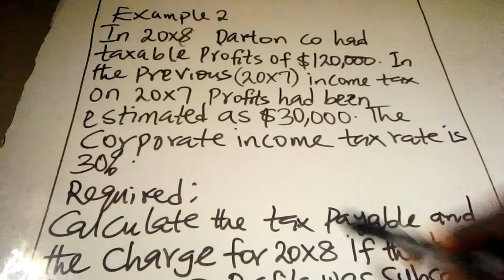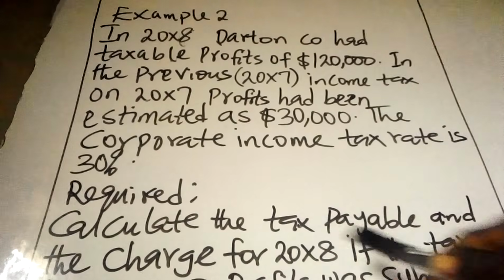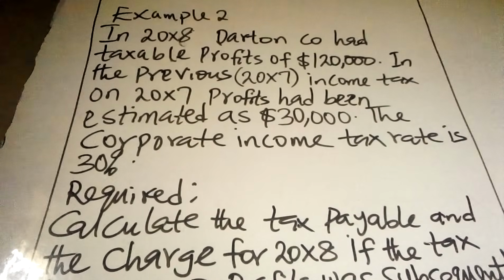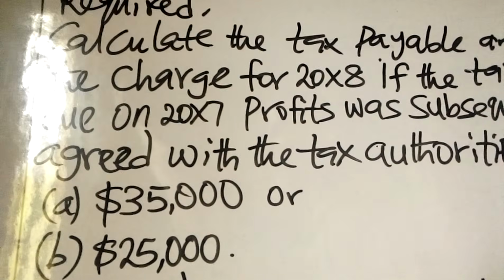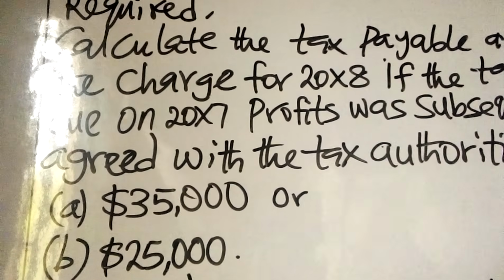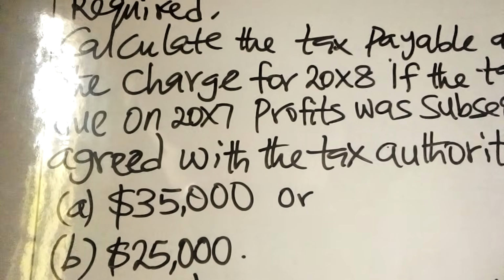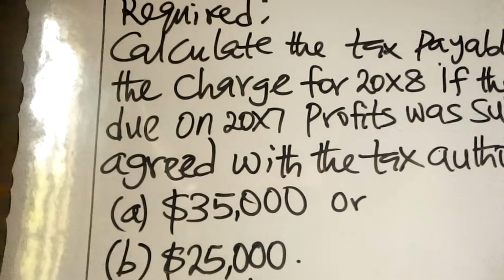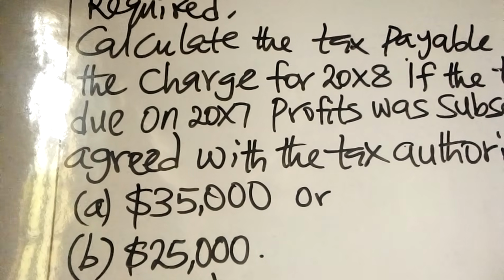Required: calculate the tax payable and the charge for 20x8 if the tax due on 20x7 profit was subsequently agreed with the tax authority as (a) $35,000 and (b) $25,000. You want to calculate the tax payable if the amount of tax agreed with the tax authority is 35,000 and when it is 25,000.